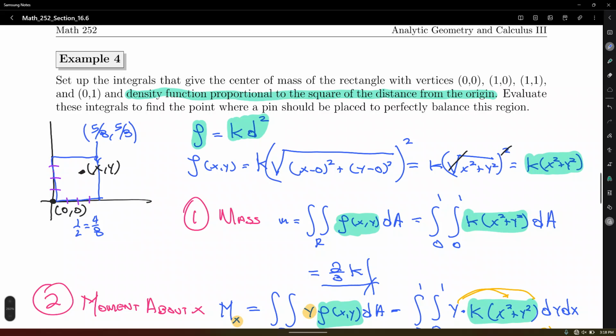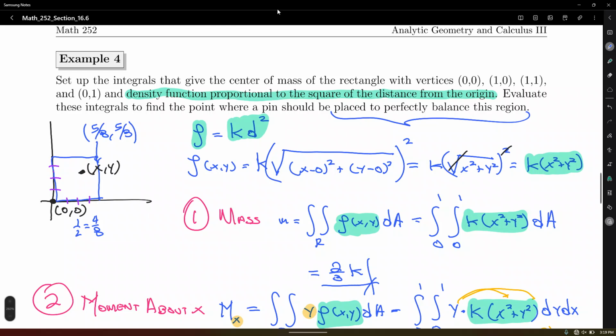Now notice, this is where we should place a pin to balance the region. Well, notice it's not exactly in the middle. That's because the density of the material increases as we go away from the origin. So that's why it makes sense to keep it not exactly in the very middle.